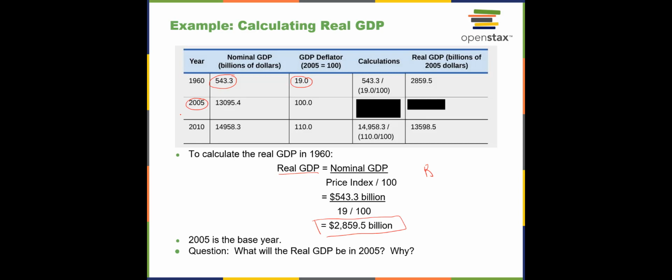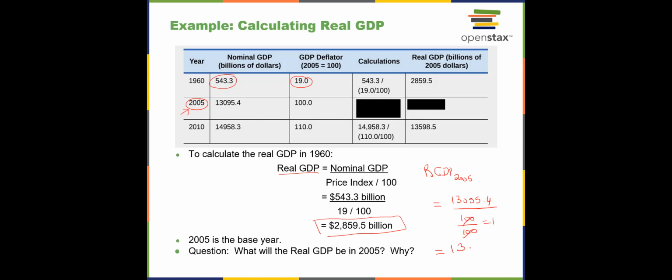So let's do 2005, to make sure we understand how we calculate real GDP in 2005. Real GDP in 2005 is equal to nominal GDP divided by the price index, and this price index should be divided by 100, which is equal to 1.